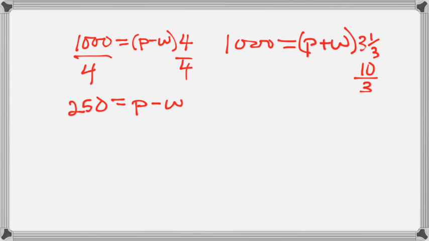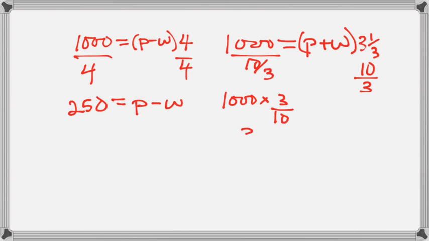And so I'm going to take this and I'm going to divide by 10 over 3. 1,000 divided by 10 over 3. What do I do when I divide by a fraction? Flip it and multiply. So this becomes 1,000 times 3 over 10, also known as 300.